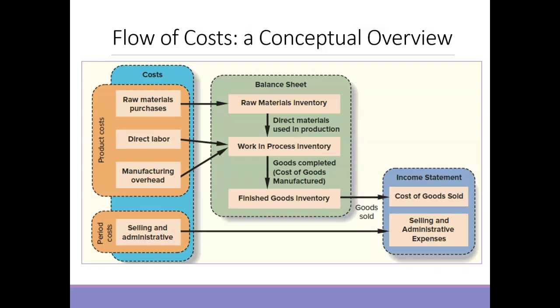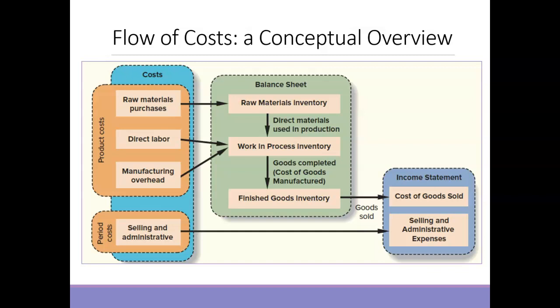The balance sheet in a manufacturing company has a lot of different inventory accounts. There's a raw materials inventory account, and that's where these goods initially are put into. But when those goods are requisitioned from the warehouse to a specific job, they go out of the raw materials inventory account and they go into an inventory account called work in process.